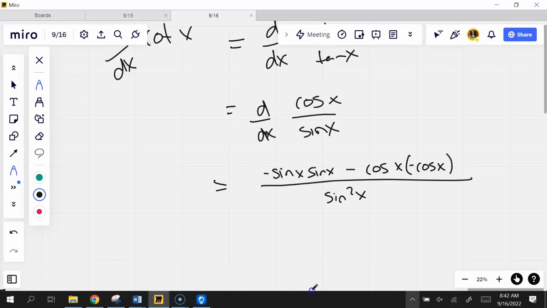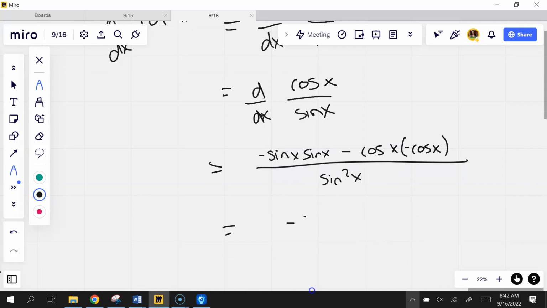Oh, yeah, you're right. Because now I have negative sine squared x plus cosine squared x over sine squared x. Does that equal 1 up top?